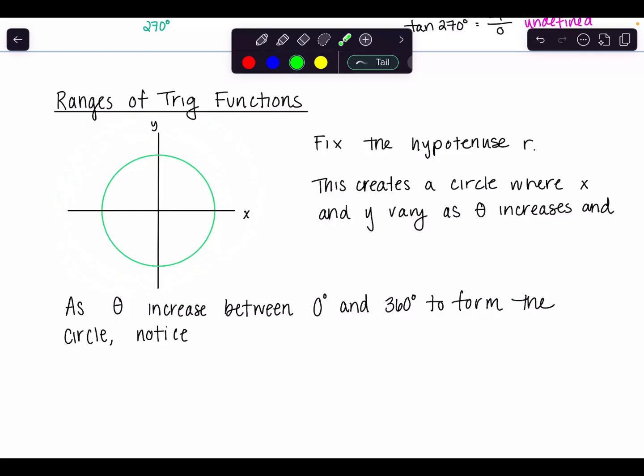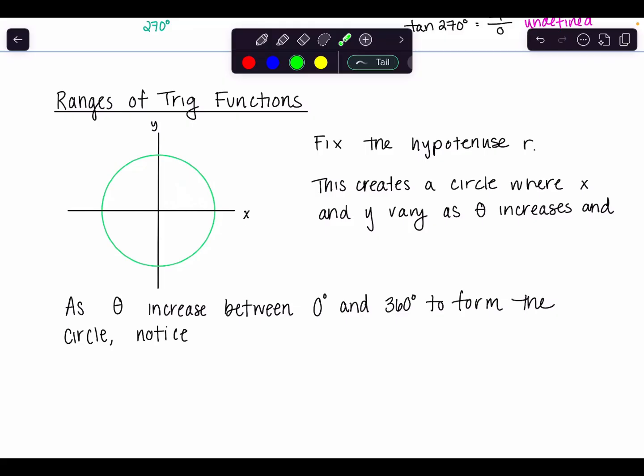But we'll get to all of that very soon. But the idea is I'm going to just fix my radius to be r, because then if here is r, for this x and y value, I have one triangle. If I pick this xy value over here, again, I have a right triangle with a different angle, but the same hypotenuse. So we're fixing the hypotenuse.